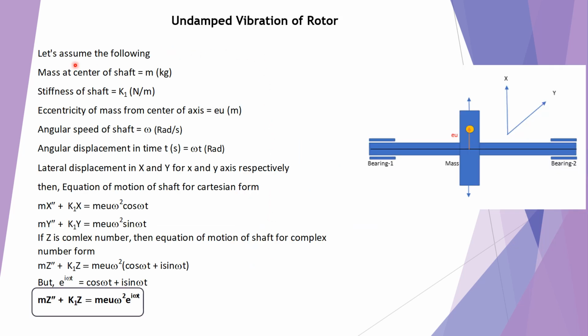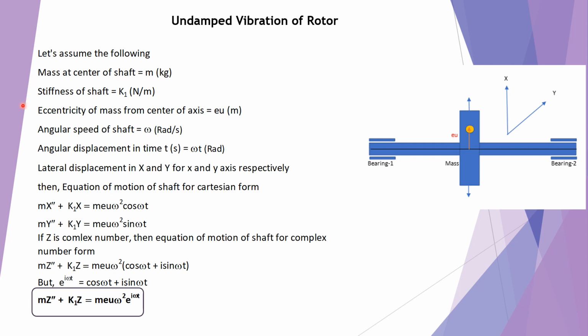Further, let us assume the following. This is now undamped vibration of rotor. Mass at center of the shaft is m kg. Stiffness of shaft is equal to k1 Newton per meter.